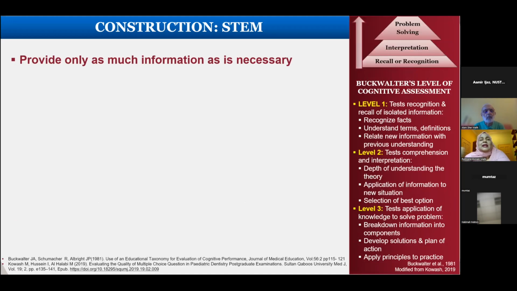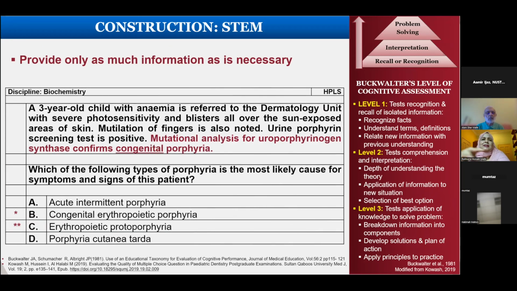Provide only as much information as is necessary. For example, in this biochemistry question, there is a good description of the problem already, but then we are giving the information that mutational analysis of the uroporphyrinogen synthetase confirms congenital. That is not required, because if it is not included in the statement, the answer will still be the same.